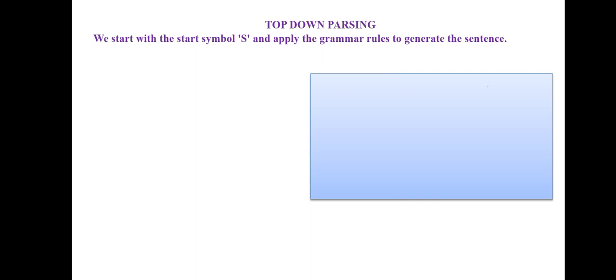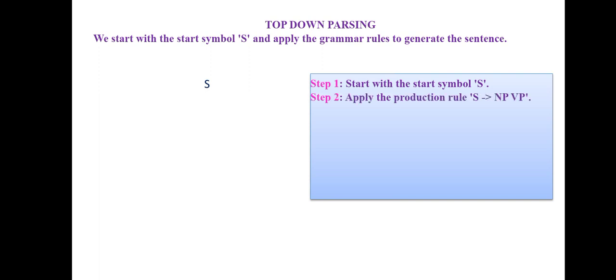So first, we start from the sentence S, that is the start symbol. The first step is the start symbol S. Then the second step is to apply the production rule, which produces noun phrase and verb phrase. So the second level is noun phrase and verb phrase, where S is the root, and for that the nodes are extended: noun phrase and verb phrase.